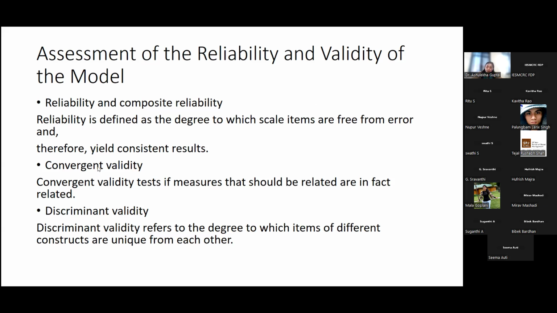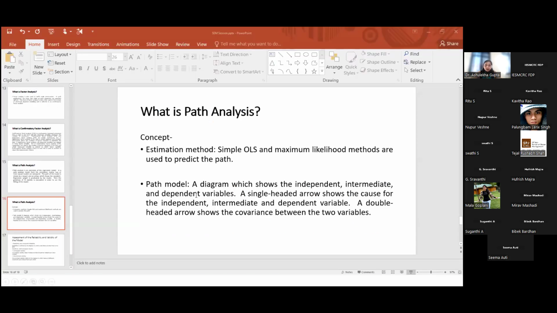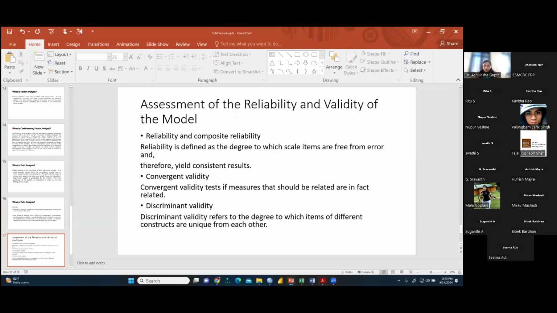So that is why we need to know what our convergent validity is and what our discriminant validity is. Discriminant validity refers to the degree to which items of different constructs are unique from each other. See, I just want to show you this question.